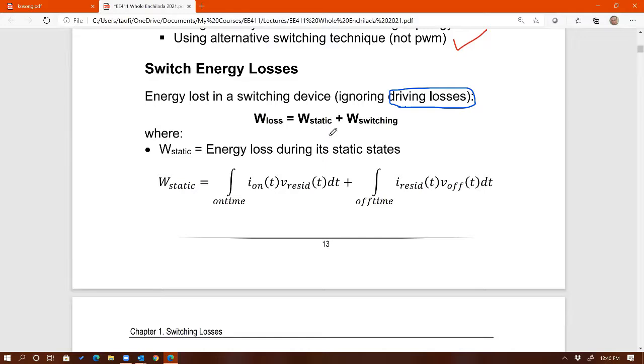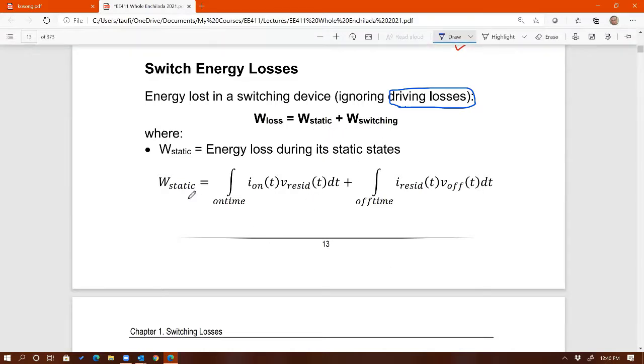These are the two big ones, static and switching. The equation for static loss is equal to the integral of I times V. That's the mathematical definition of energy used in the static state of the switch.